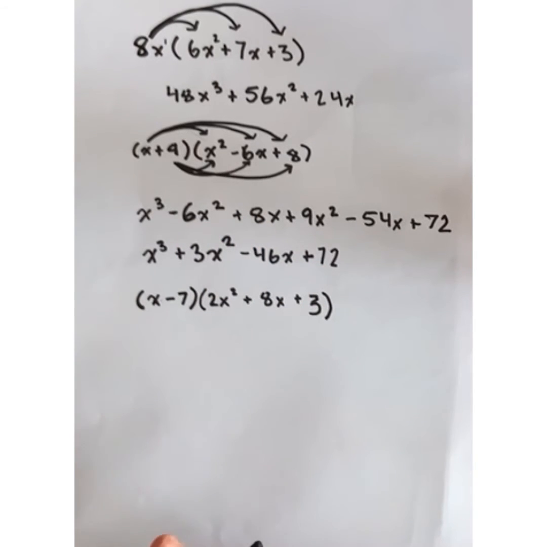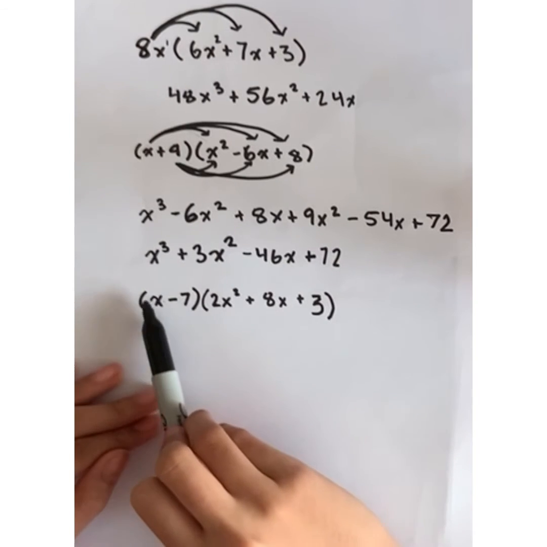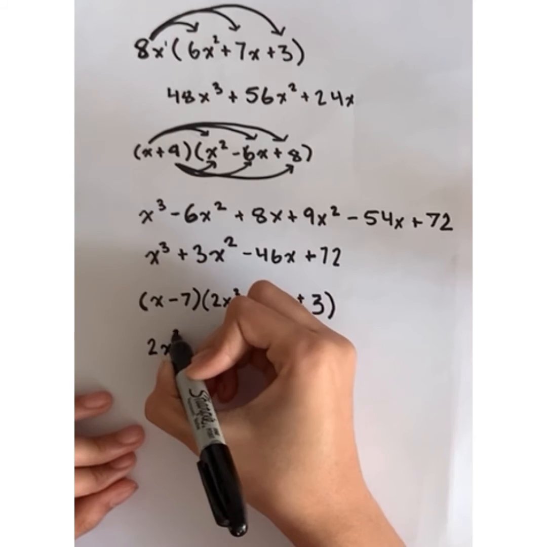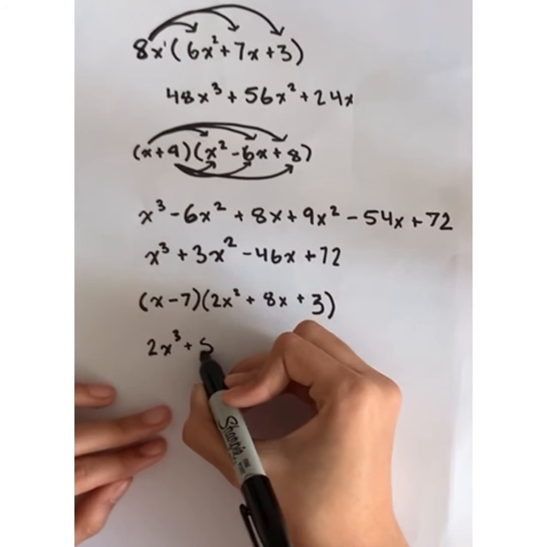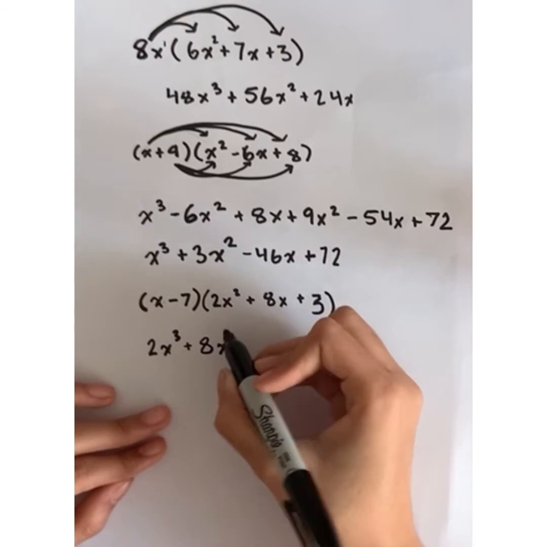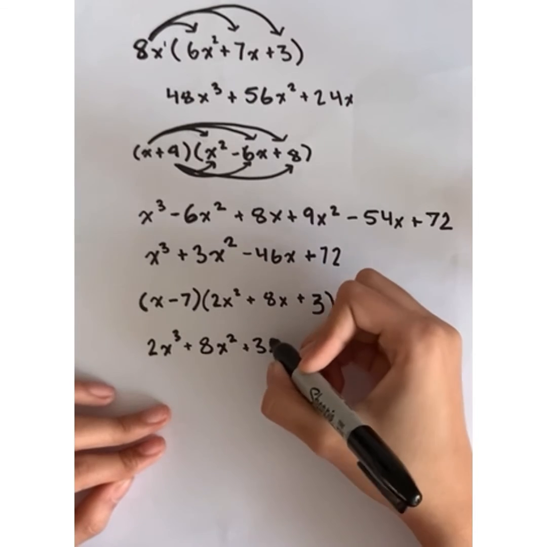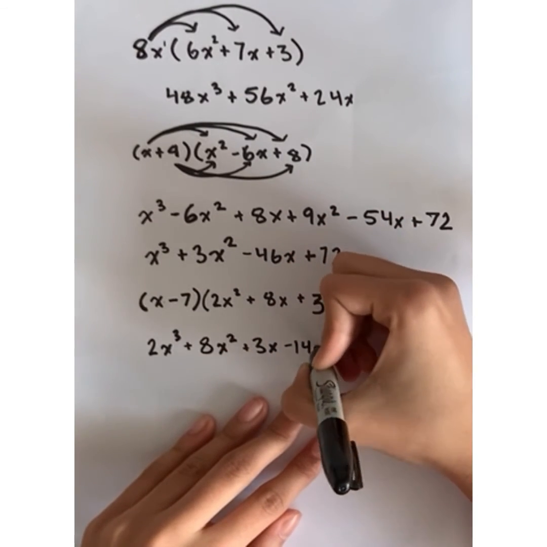Okay, let's solve this. We're gonna do the same thing, distributive property. X times 2x squared equals 2x cubed. X times 8x equals, this is positive, 8x squared. And x times 3 equals just 3x. So negative 7 times 2x squared equals negative 14x squared.